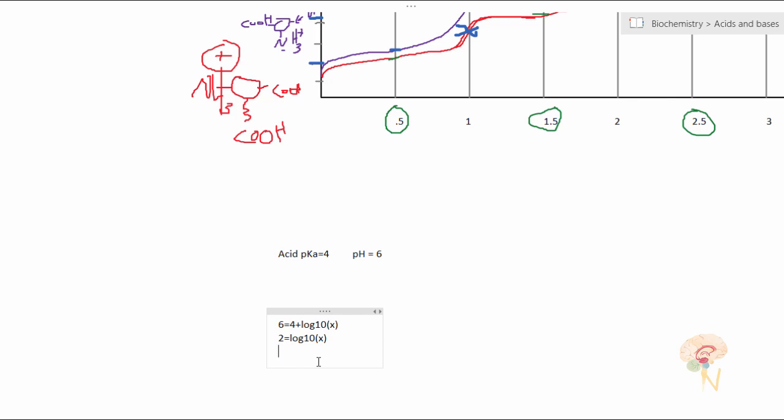We have 100 base to 1 acid, and the base is the negatively charged form. So at this pH, this acid is charged, having a negative charge. Let me write that the acid is HA, so we have 100 A minus for every 1 HA.